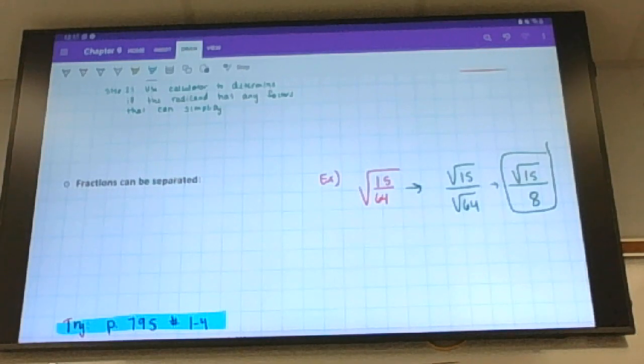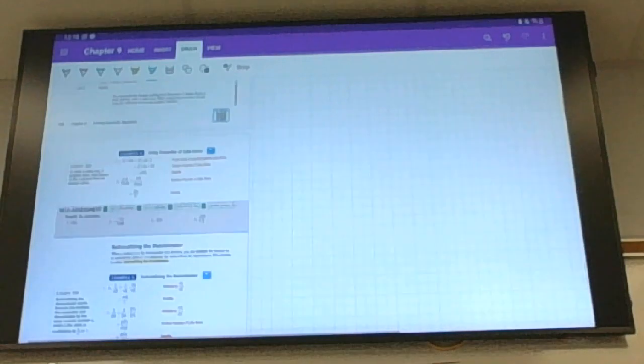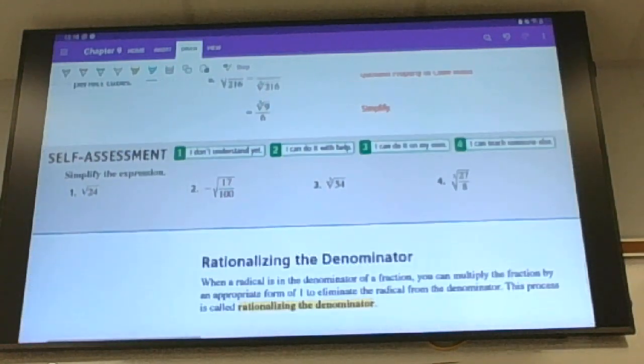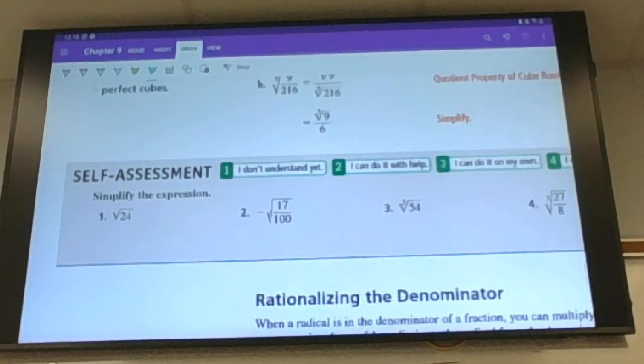If you got a decimal, you're not doing it right. It says simplify. Simplest radical form. No decimals.